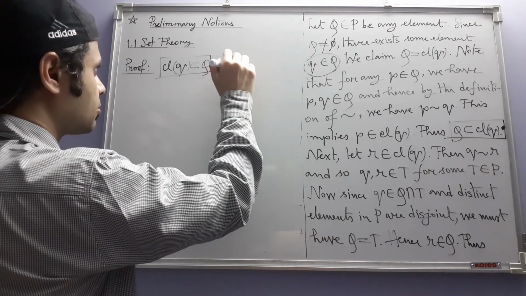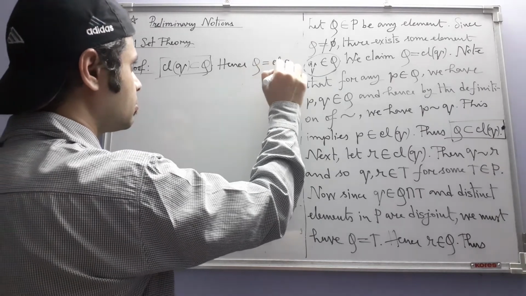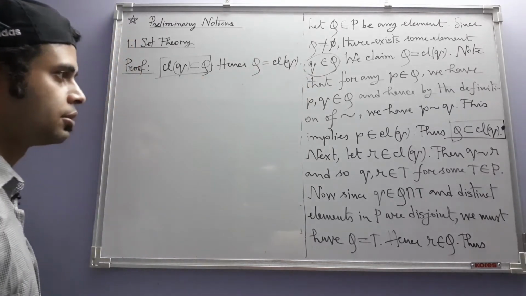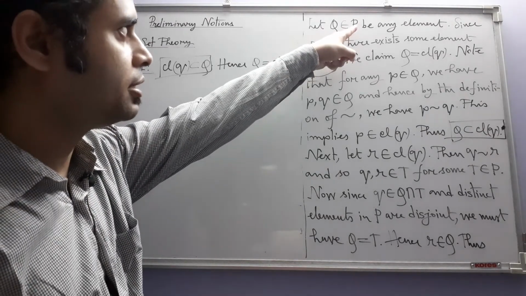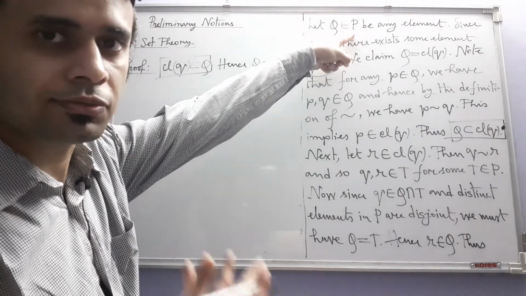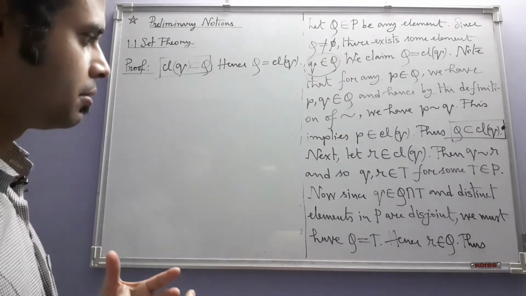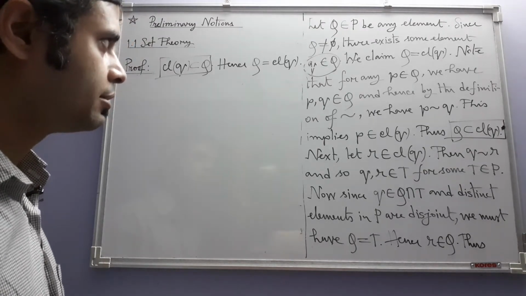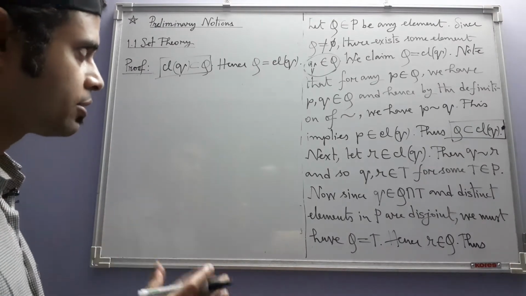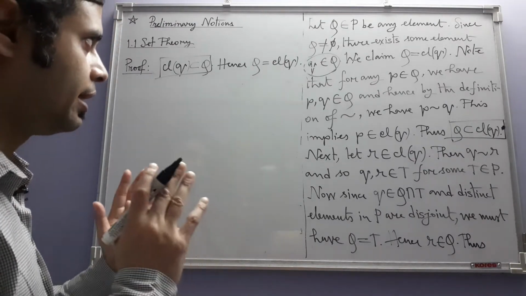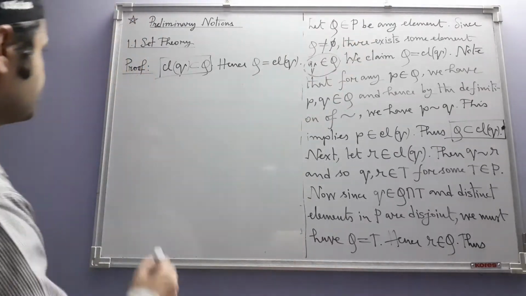Hence, Q is equal to class of q. What have we proved here? We have proved that every element in P, which is a subset of A, is an equivalence class. Next, we have to show that these are the only equivalence classes. That is, if I come across an equivalence class, then that has to appear in P as a set.